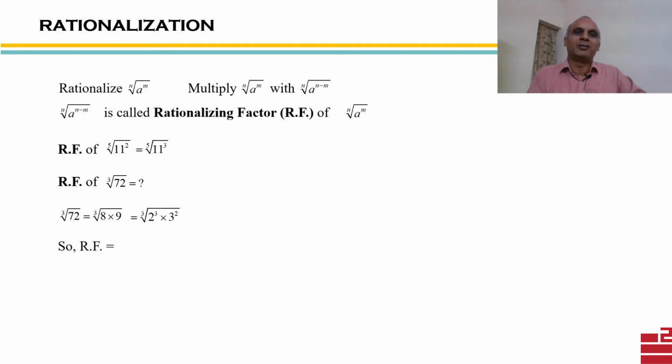So we don't need to worry about that. We have to only worry about the power of 3 inside the root term. So we have effectively cube root of 3 square to be rationalized. And what do we do for that? Same above rule. So it becomes cube root of 3. So cube root of 3 is the RF of the given number, which is cube root of 72.